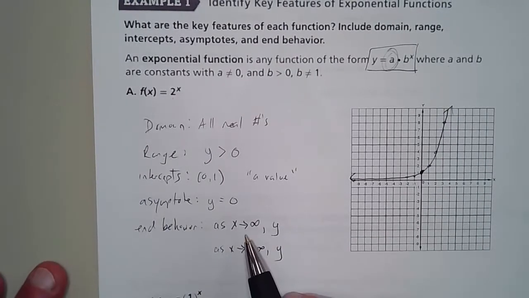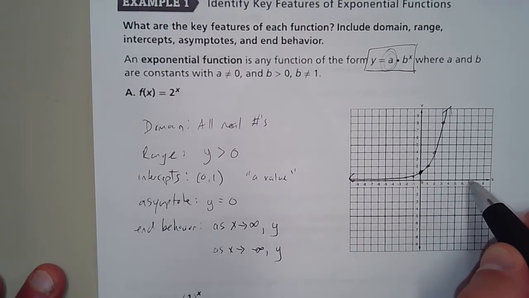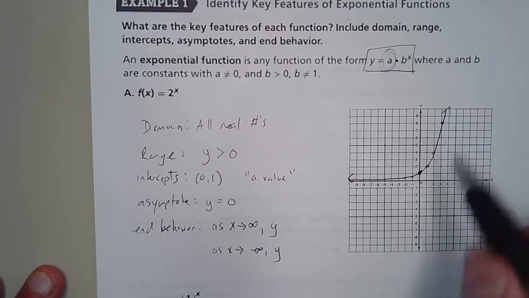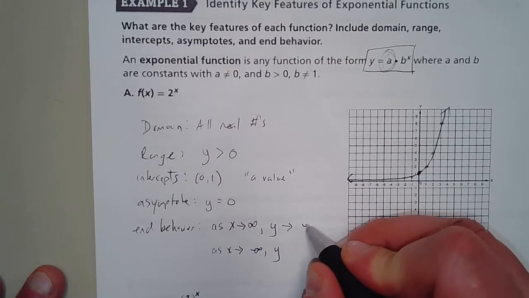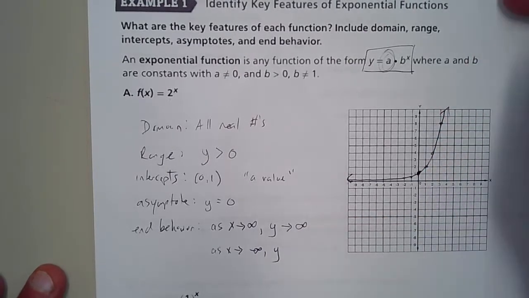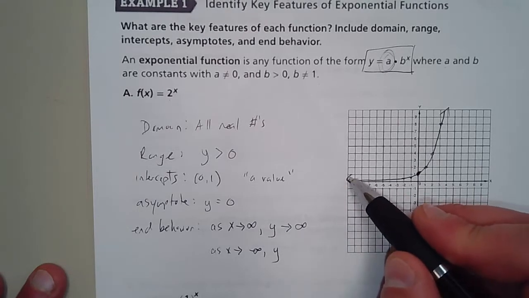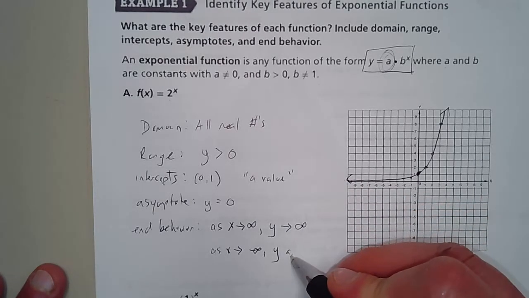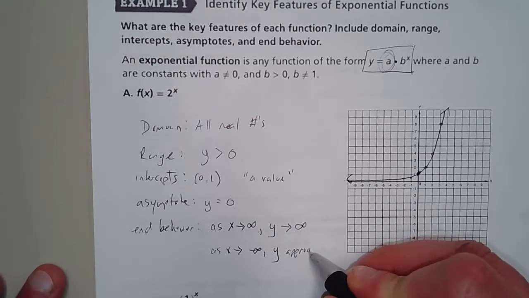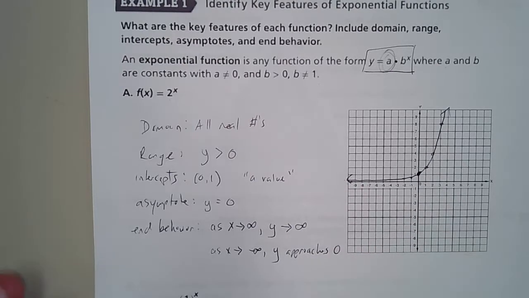So as you go off to infinity this way, the y value also goes up to infinity. Okay, x goes up, the y goes up forever. As x goes to negative infinity, though, your y value approaches 0. Okay, so that's just describing what happens as you go left and right forever.